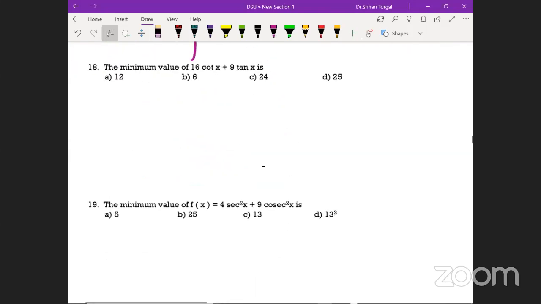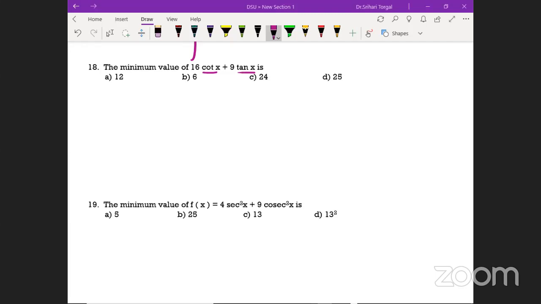The minimum value of 16 cot x plus 9 tan x. Since these two are reciprocals to one another, got it?